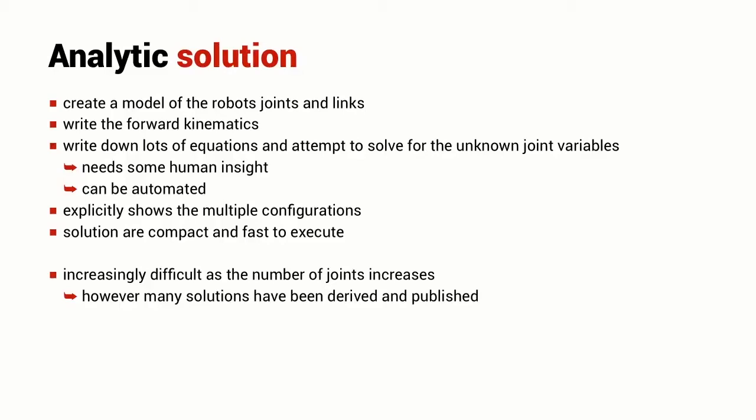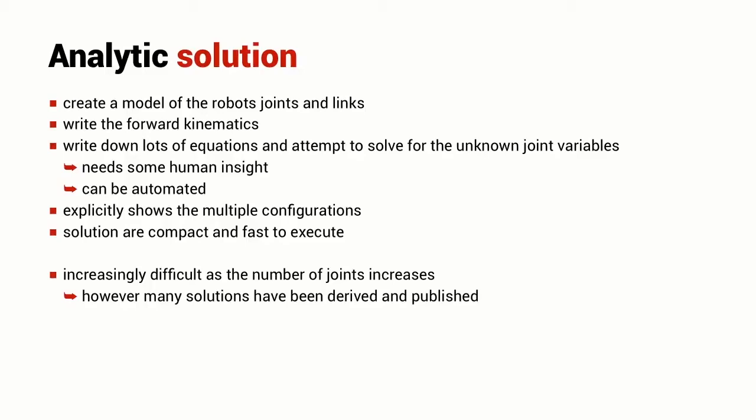The great advantage of the analytic solution is that it explicitly shows you the multiple configurations of the robot and lets you choose the joint angles that will give you the configuration that you want. For the Puma 560 robot, it allows you to explicitly choose a left-handed configuration or a right-handed configuration, or the elbow up or the elbow down. Another advantage is that the solutions are very compact and fast to execute.